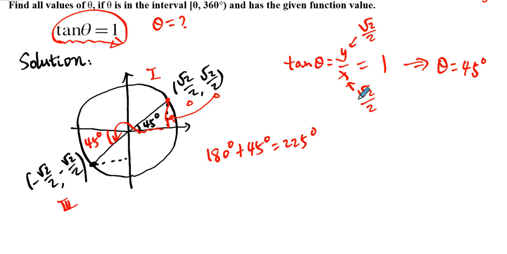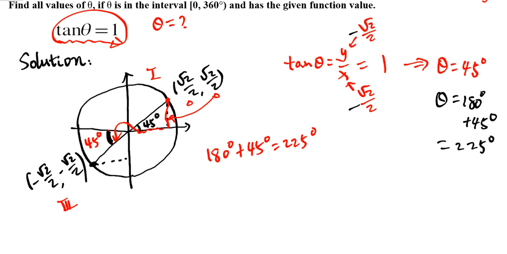In this case, you have a negative, negative. So theta is 180 degrees plus 45 degrees. You see here is 45 degrees, which gives us 225 degrees.